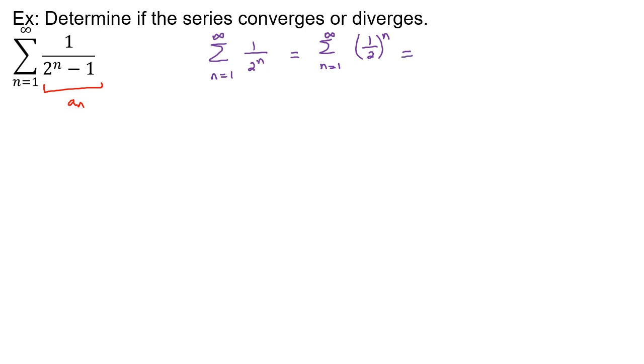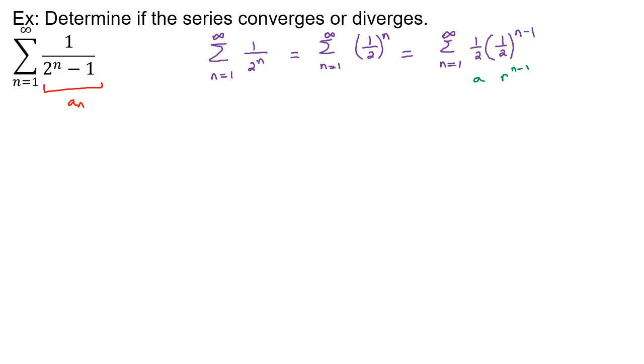Or you could take it one step further to make it look like a really nice geometric series, where I'd have 1/2 times 1/2 to the n minus 1. This is your ar to the n minus 1. That's my geometric series. And so I know I can find something out about geometric series, whether it converges or diverges, and then I can compare the two.